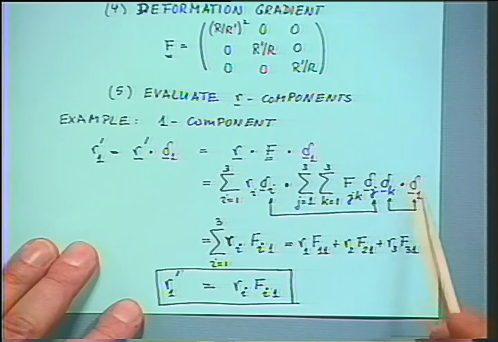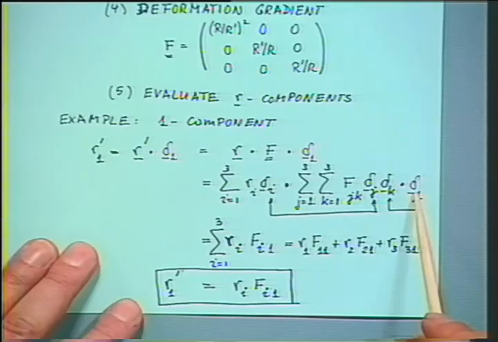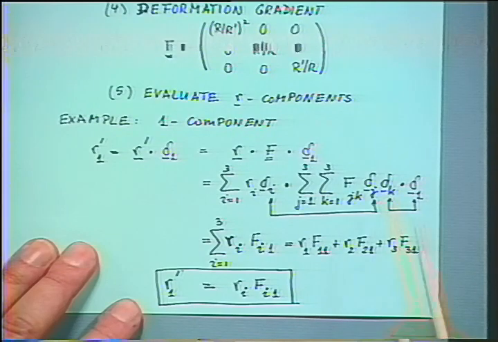Note that there is a scalar product between delta k and delta 1. Now, if k is equal to 1, then this scalar product is equal to 1. It's just unity. It has the magnitude of 1. If k is equal to 2 or 3, then it denotes vectors which are normal to delta 1, and the result is 0. So only if k is equal to 1, we have a contribution to that equation.